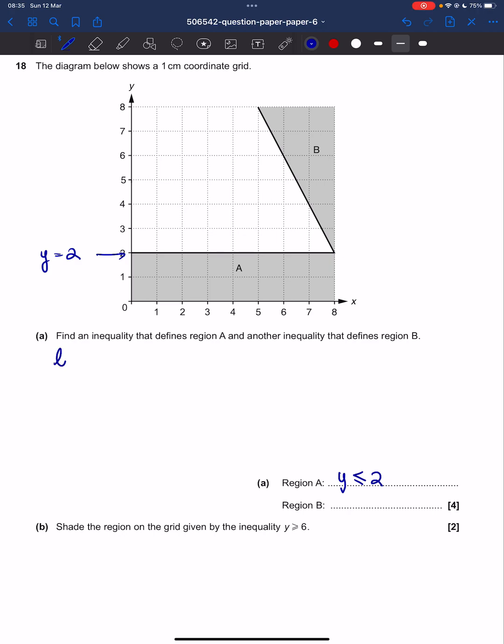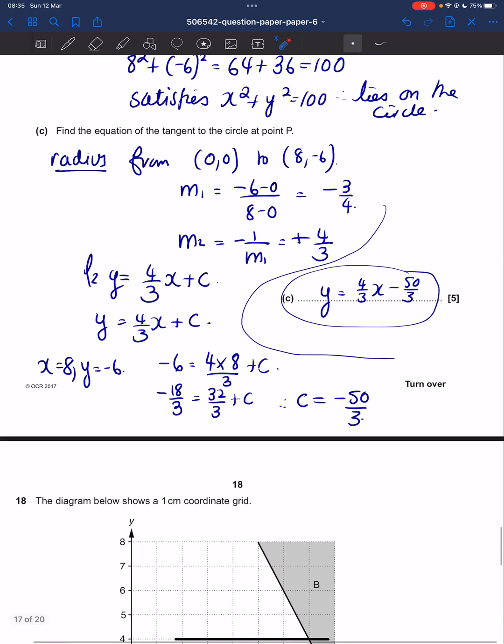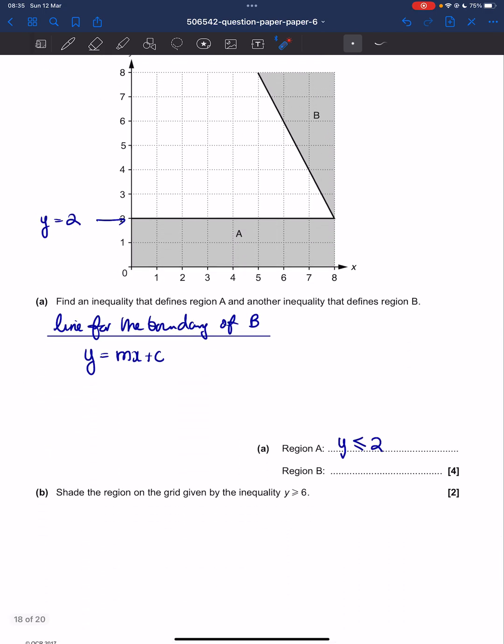So the line for the boundary of B is a line y equals mx plus c. Now, you could work out the m and substitute some points, but I've already done that in that question up here. So I'll do it a second way just to show you something else.